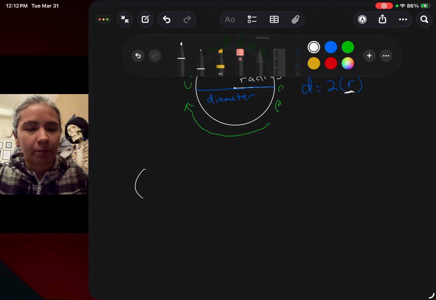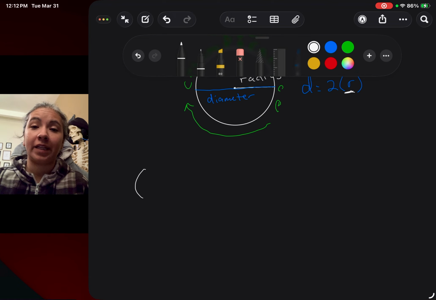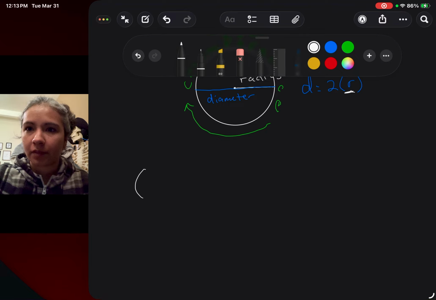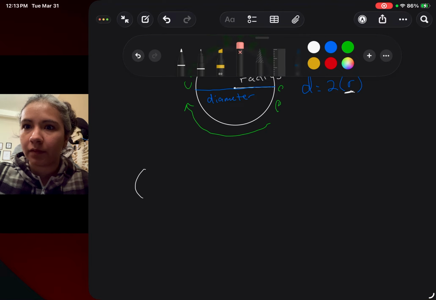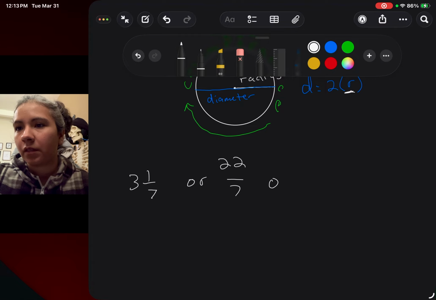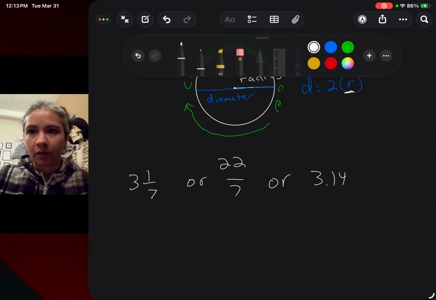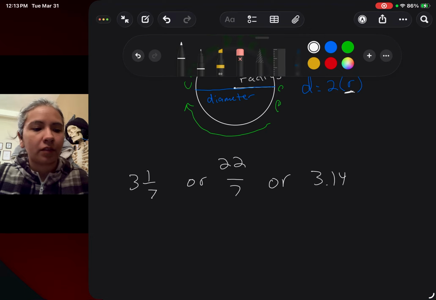And so mathematicians looked at this for a long time, and they figured out that the amount is about 3 1/7, or 22/7, or 3.14. So that's how many diameters are needed to equal the circumference.